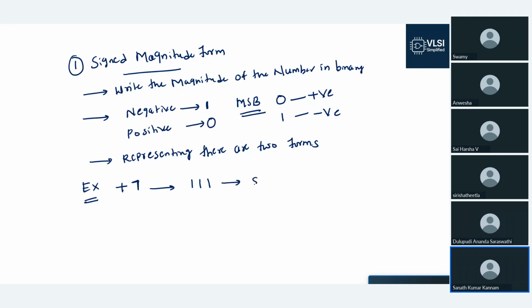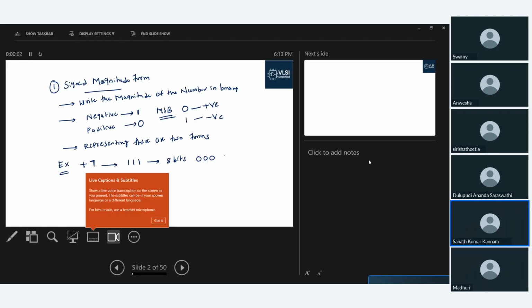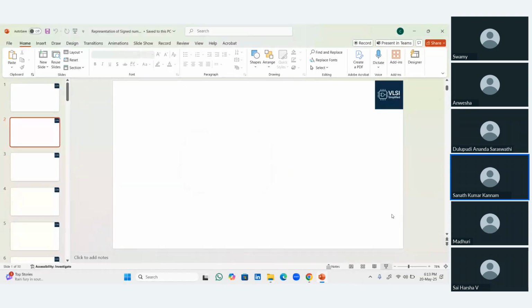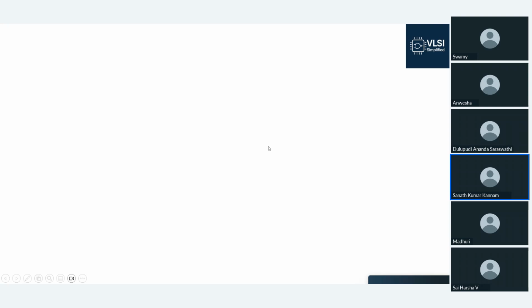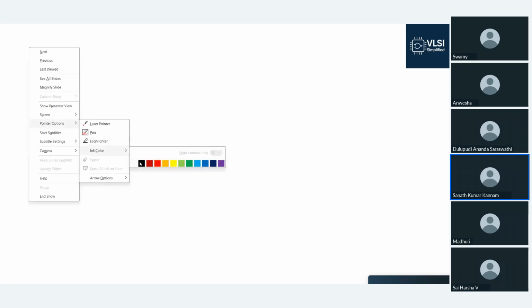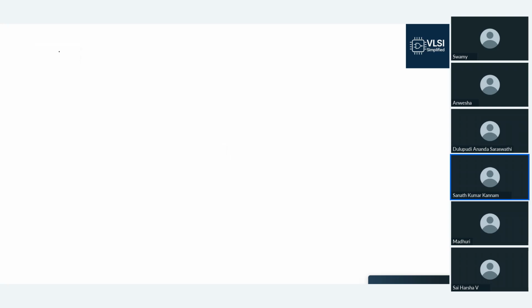If it is represented in 8 bits, 7 bits hold the value, so it is 0 0 0 0 1 1 1.